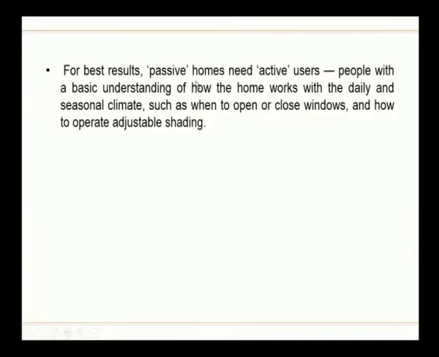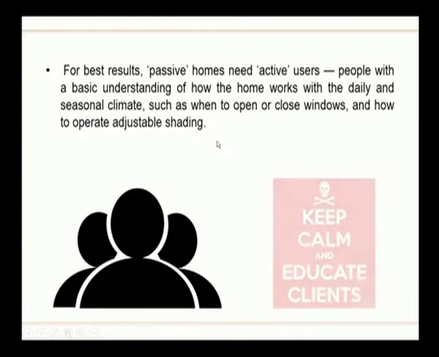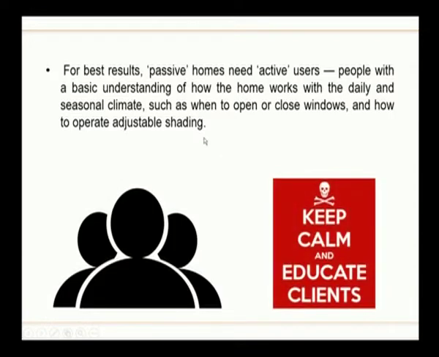For best results, a passive home needs active users, people with a basic understanding of how the home works with the daily and seasonal climate, such as when to open or close windows, and how to operate and adjust shading.